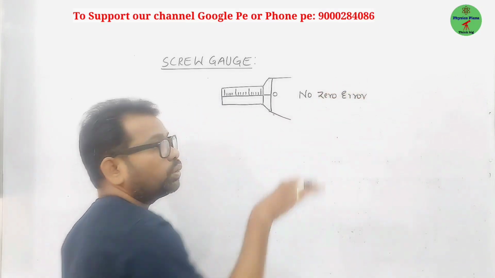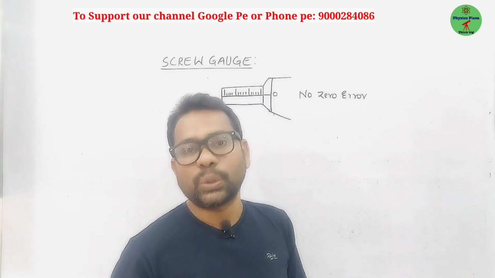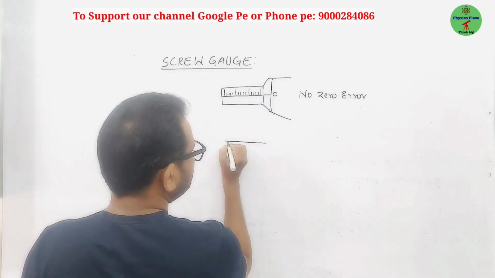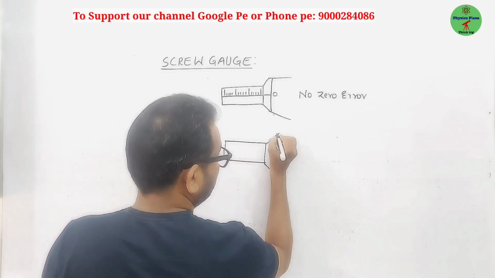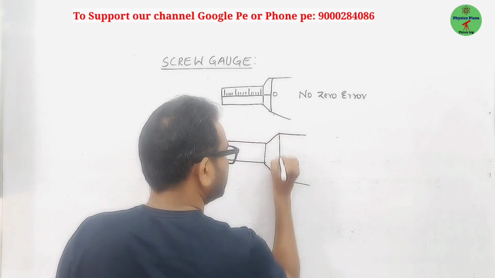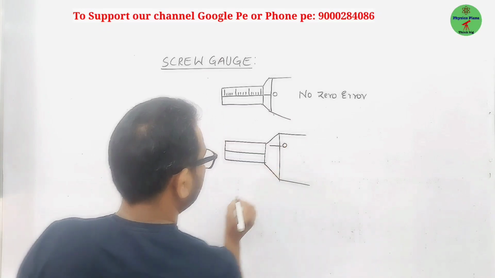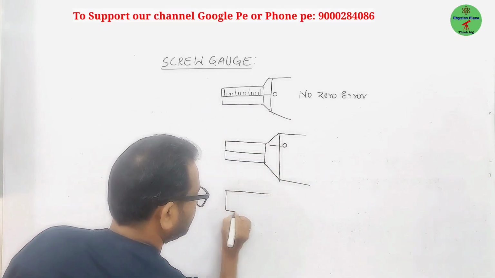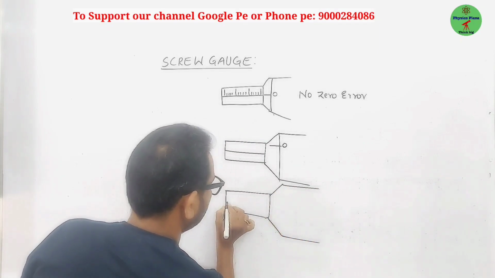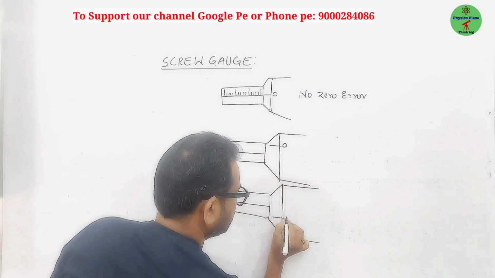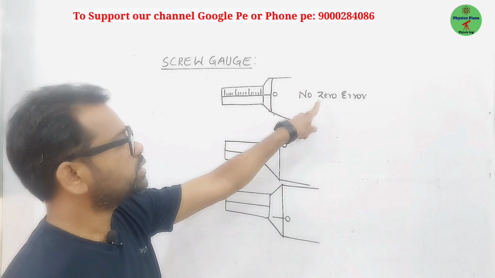If it is not coinciding, there is some error. It can be a positive zero error or a negative zero error. In this case, if it is not coinciding, the zero reading of the circular scale may lie above the index line, or if not above, obviously it must be below the index line. Look here: the zero reading of the circular scale is coinciding with the baseline, no zero error.